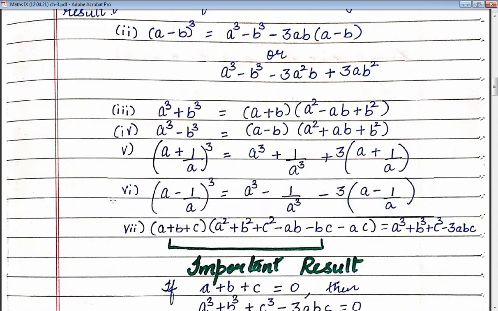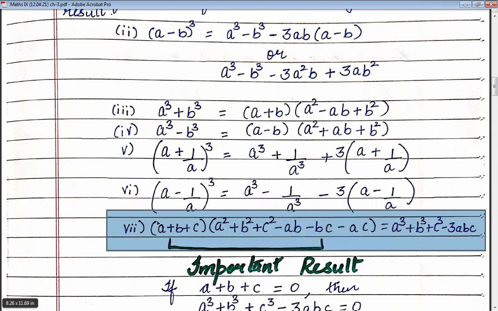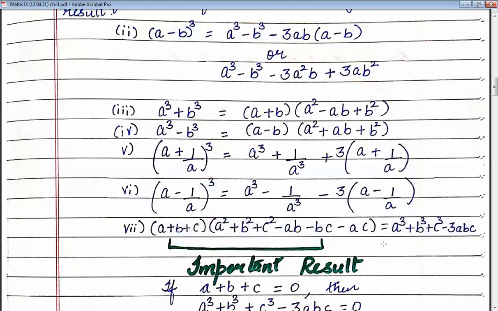The last one here is a very important one: (a plus b plus c) times (a square plus b square plus c square minus ab minus bc minus ac) is always equal to a cube plus b cube plus c cube minus 3 times abc. Children, this is the seventh one, and you have an important result in this case.